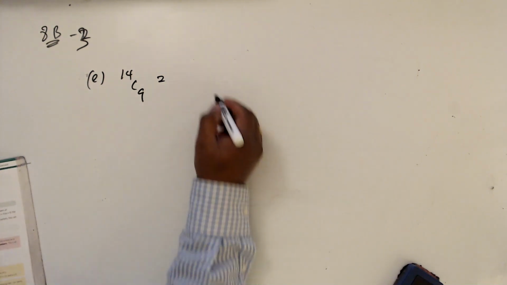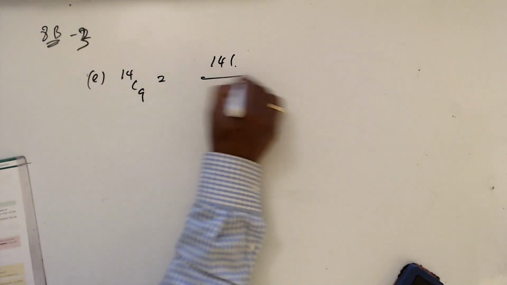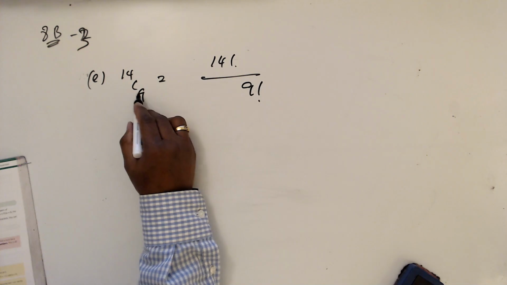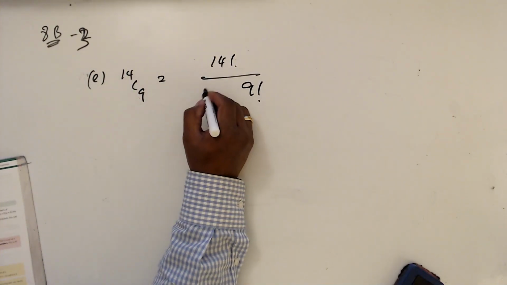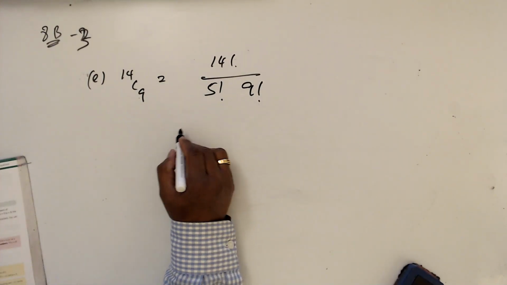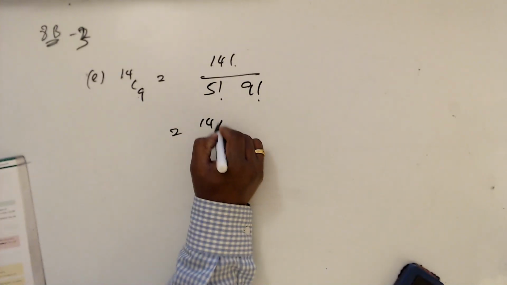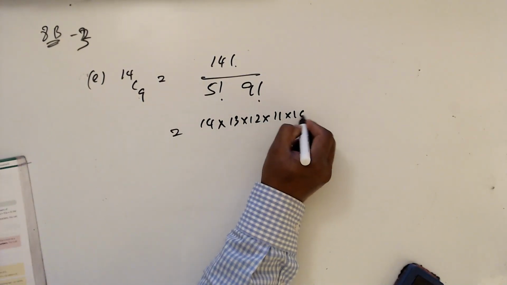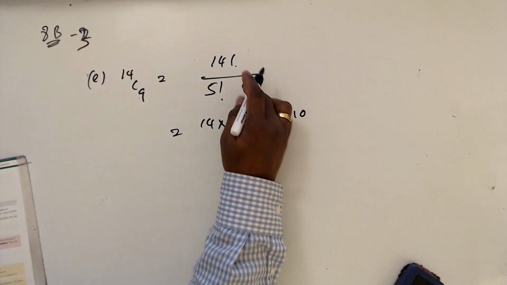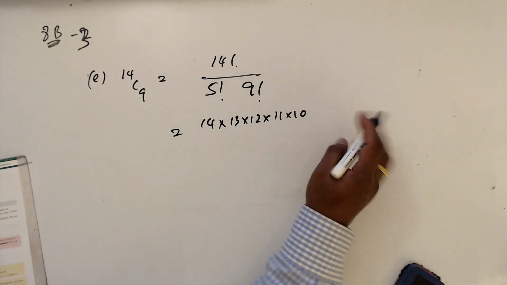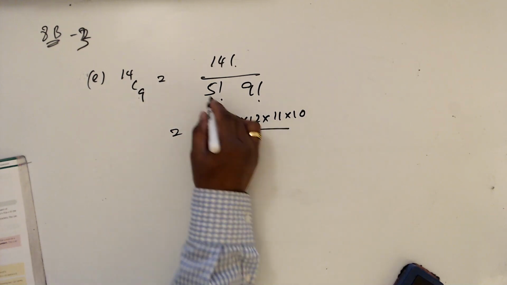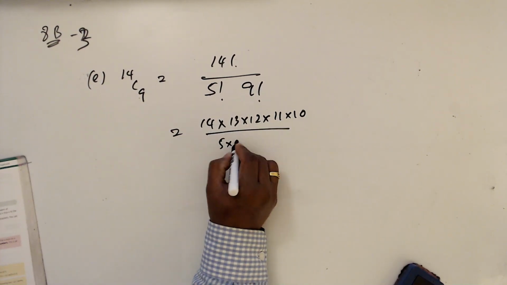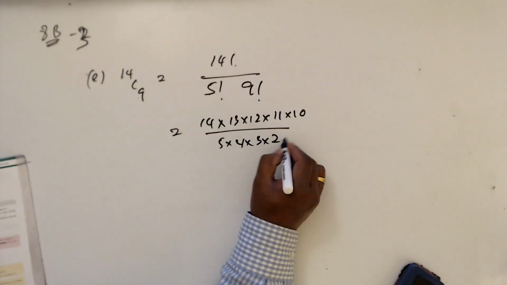14C9 is factorial 14 over factorial 9 and 14 minus 9, factorial 5, and this is 14, 13, 12, 11, 10. I'm not going to write 9 because this is maximum 9, it is cancelled out. Then the other one, 5, 4, 3, 2, 1.